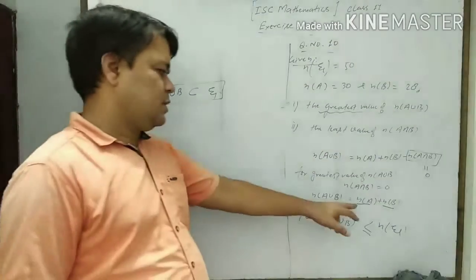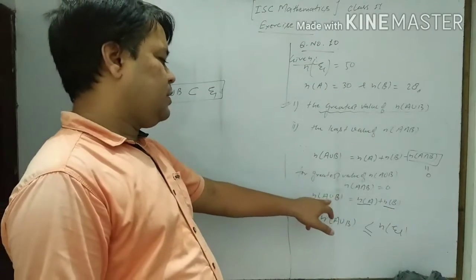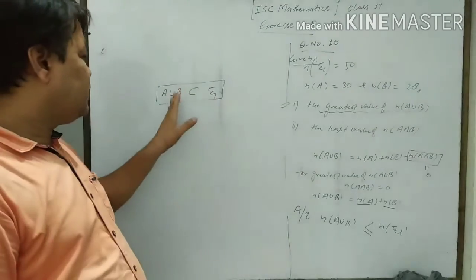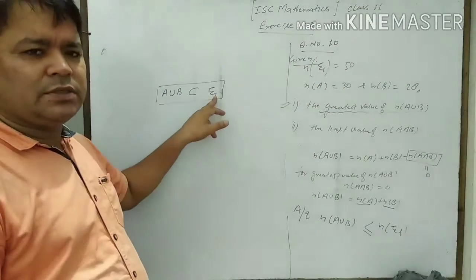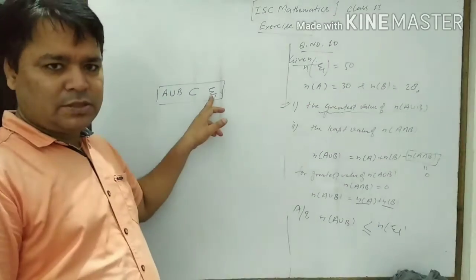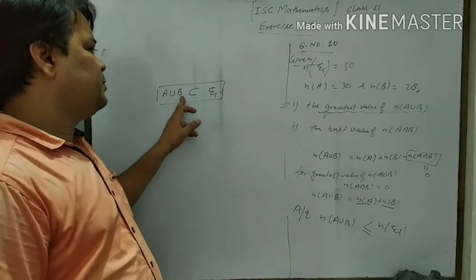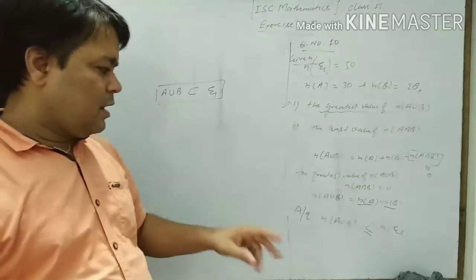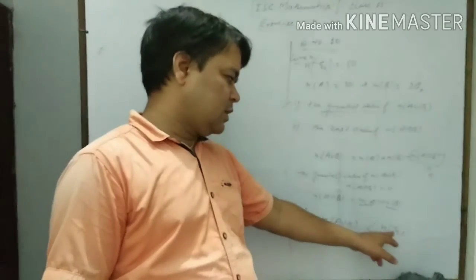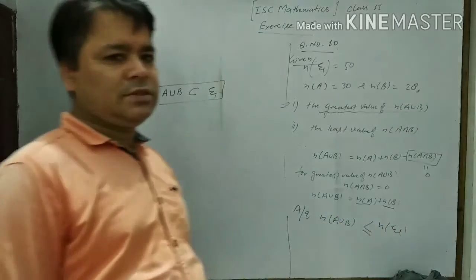Try to understand here. Since it is not given, but we know that A union B is always a subset of this. It will be equal to this universal set or a subset of this universal set. So therefore, the cardinal number of A union B either may be less than the cardinal number of the universal set or equal to the cardinal number of the universal set.